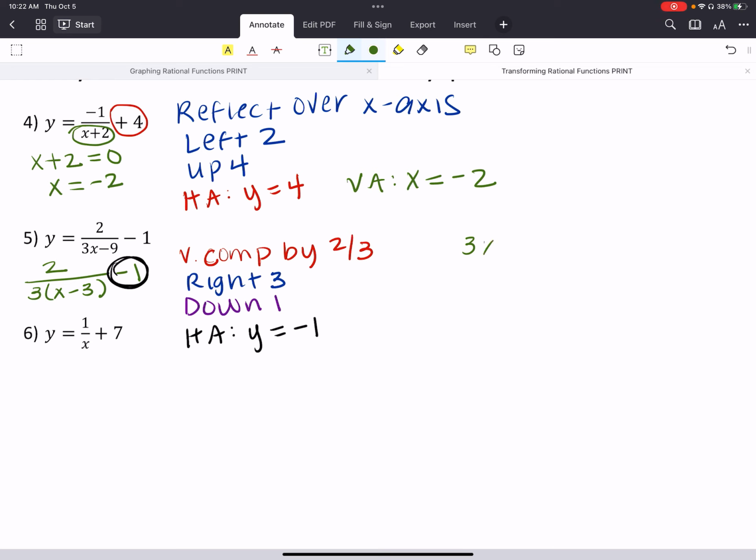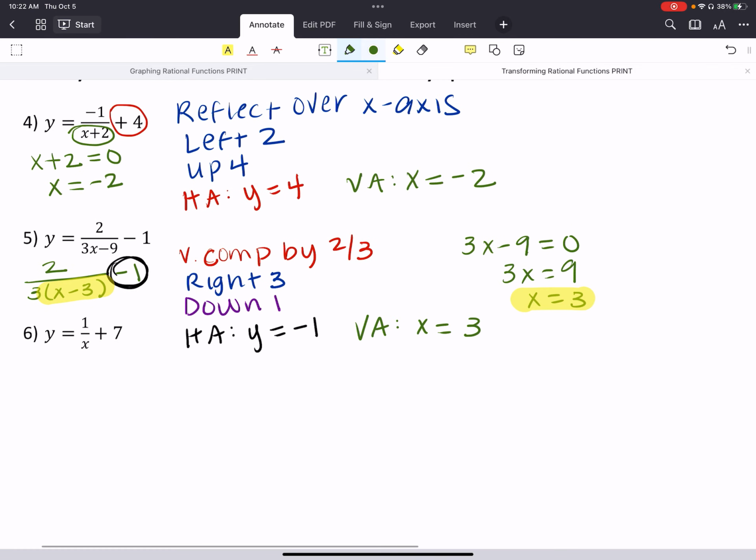You can set 3x minus 9 equals 0, add 9 to both sides, divide by 3. So you get x equals 3. Or you can look where we factored at what's inside the parentheses, and they should match. So if you set x minus 3 equals 0, you get x equals 3. So our vertical asymptote is x equals 3.